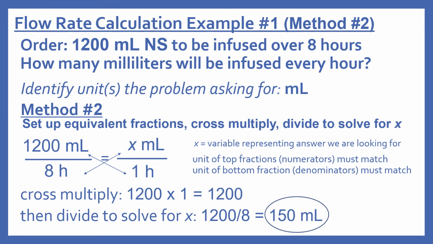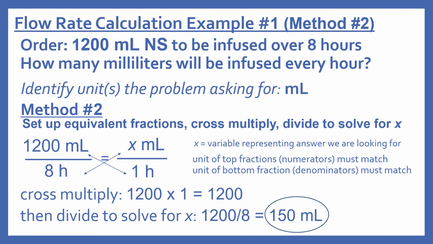Okay, now we'll look at the same example with method number 2. So example number 1 with method number 2. So our order was for 1200 milliliters of normal saline to be infused over 8 hours. How many milliliters will be infused every hour? So here we're looking for milliliters. And with method 2, we're going to set up equivalent fractions, cross multiply, then divide to solve for x. So we know there's 1200 milliliters per 8 hours.